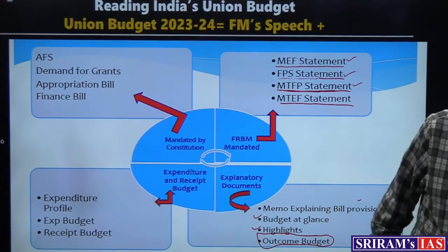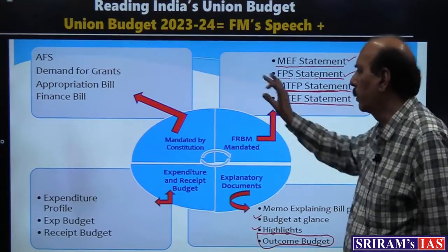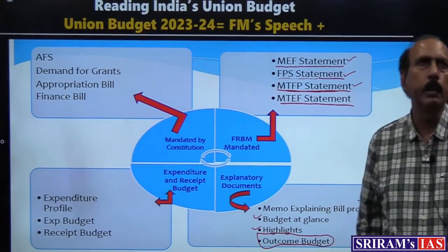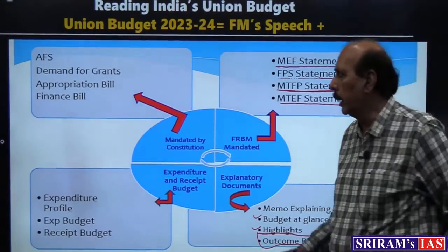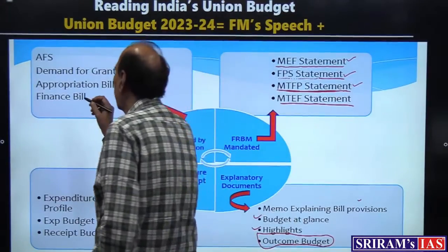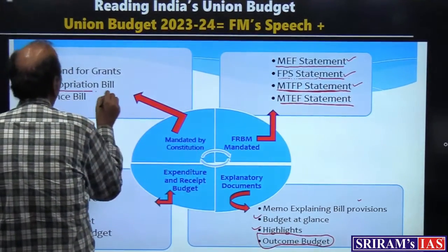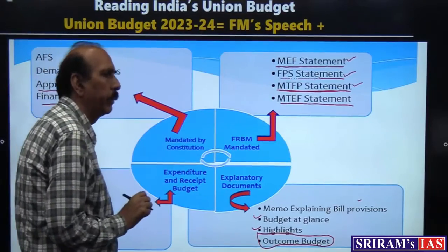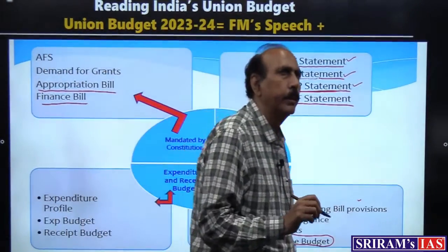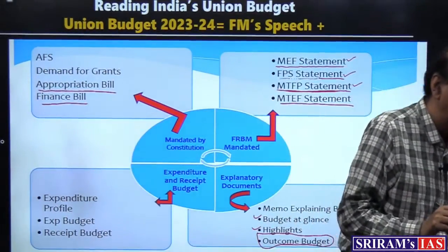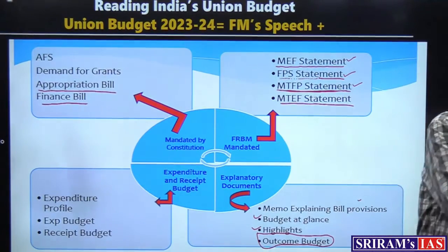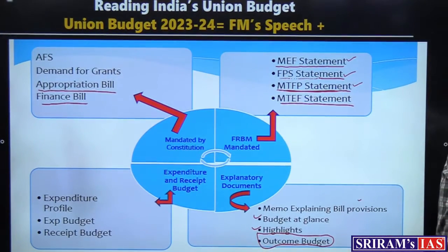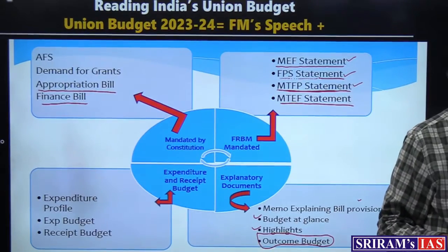As I mentioned, these are the 4 categories of documents which are placed in the parliament. Now, the important ones here are these 2 bills, the appropriation bill and the finance bill. The sequence is, when the budget is presented, the government has to first approve the demand for grants.